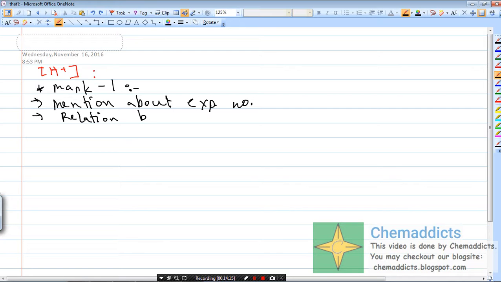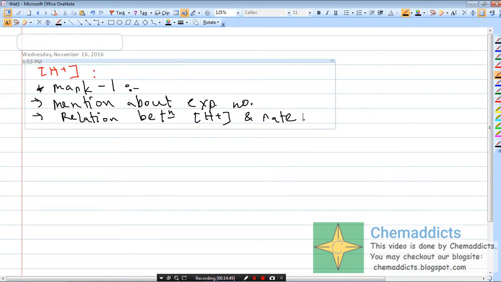So mention the relation between H plus and rate, while keeping other things constant, keeping bromate 5 and bromide constant.